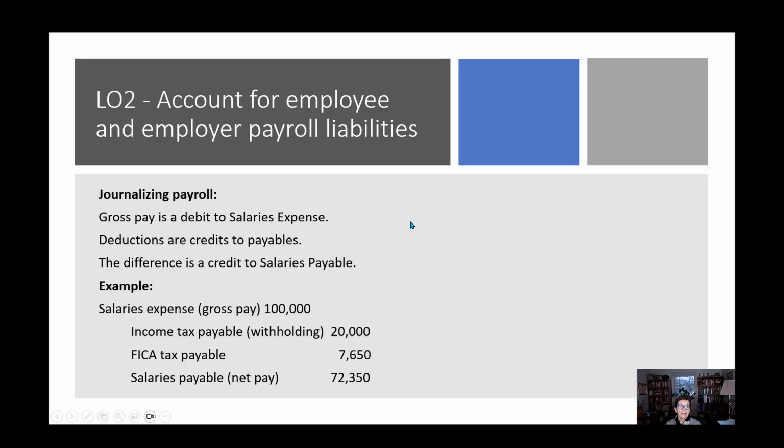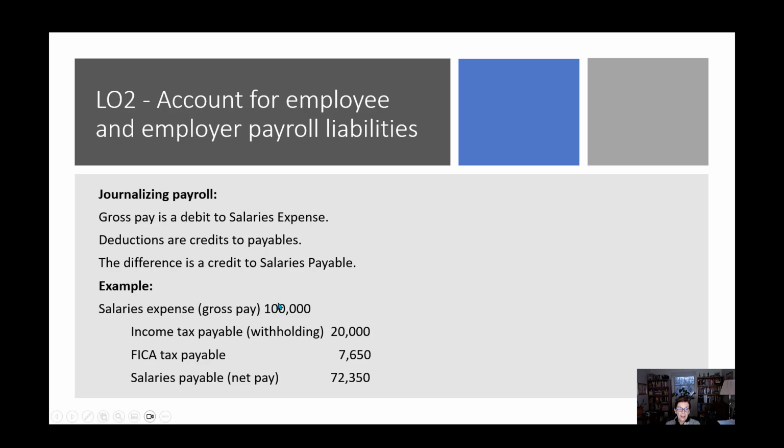So let's look at a very simple payroll entry. Remember that the gross pay is the debit to salaries expense. So let's say in this case, the employees earned $100,000. The deductions are the credits to the payables. So say that they withheld $20,000 from employees' paychecks, and then the employees paid Social Security FICA tax of $7,650.